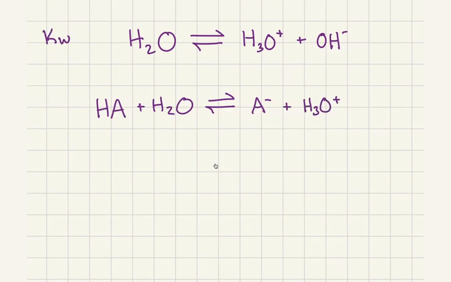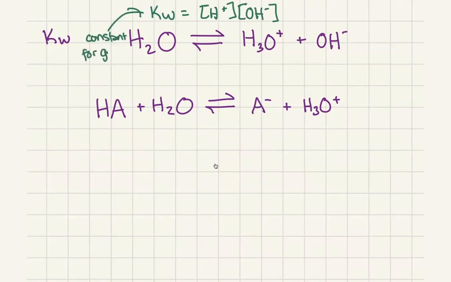So remember that we have this relationship in water where it's trying to reach its own equilibrium. We have that our Kw is equal to our proton concentration times our hydroxide concentration. And this Kw is basically a constant for a given temperature.